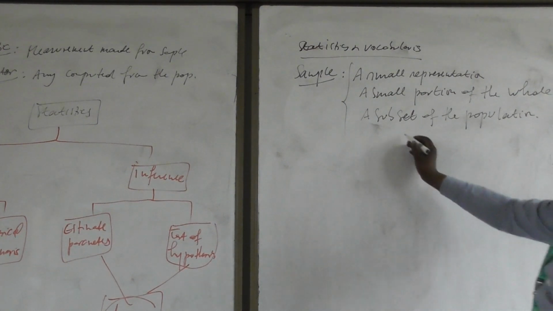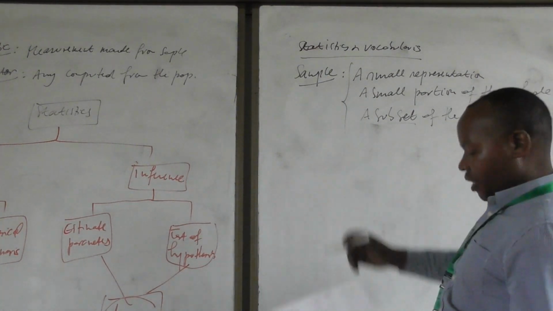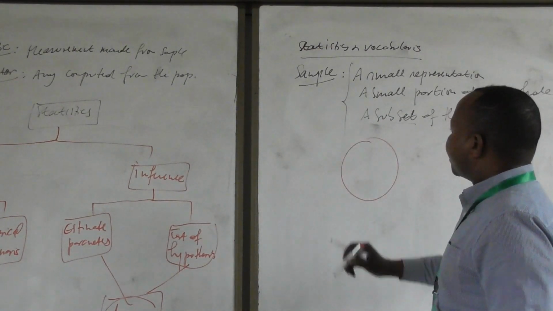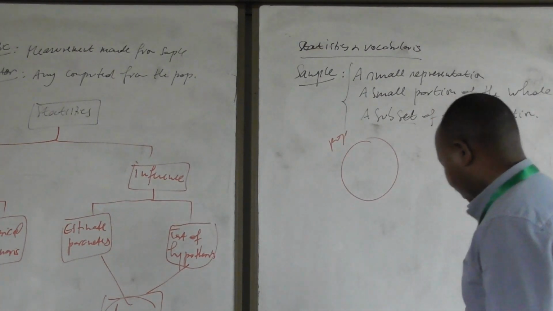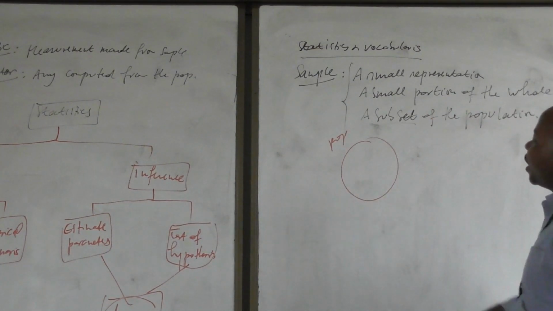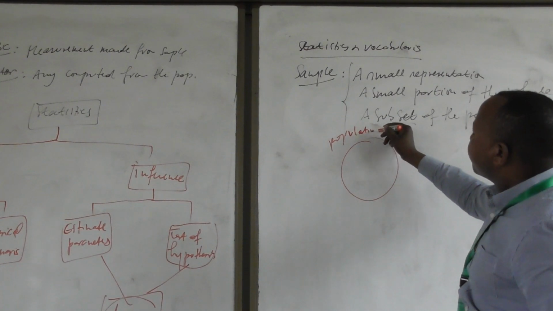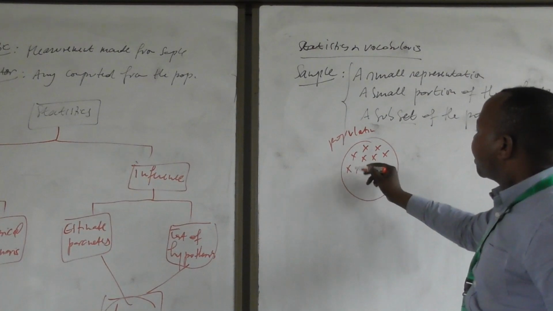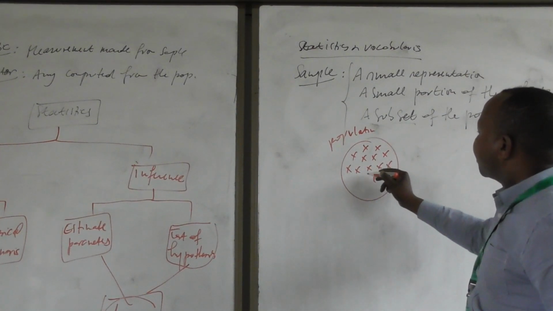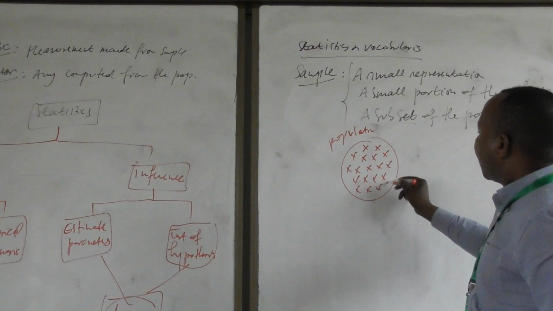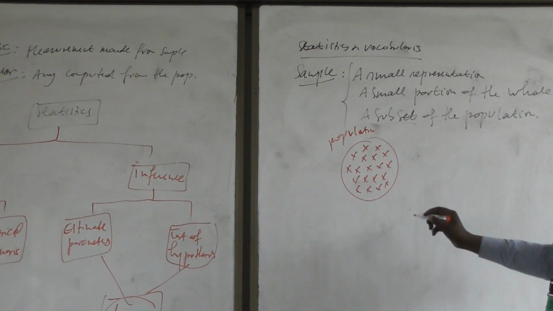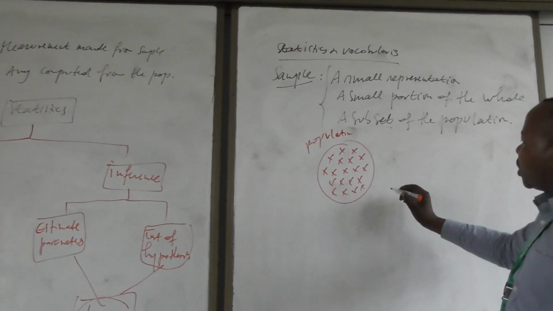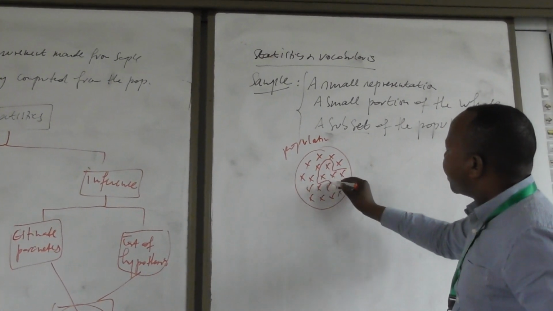When we talk about a subset, you understand when, for example, you have this population here. Suppose these are the students at INES Ruhengeri, for example. And then you want to draw a sample from this population. Suppose you may have something like this.